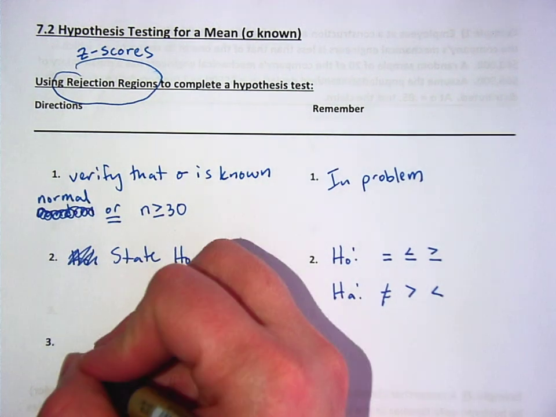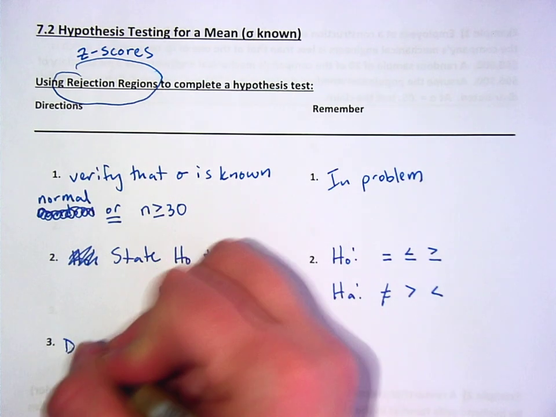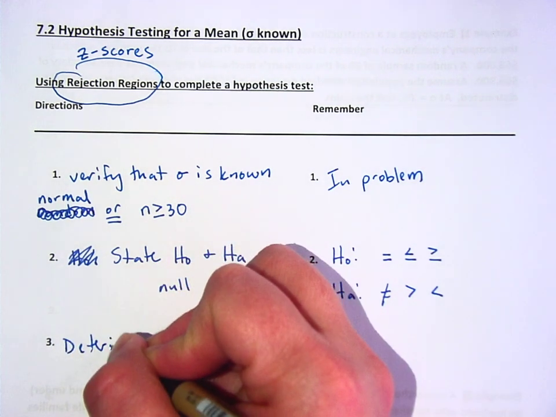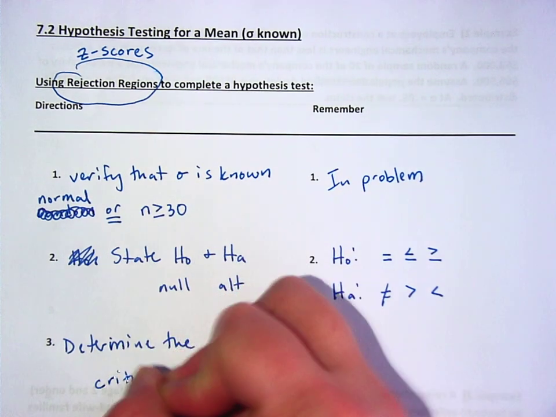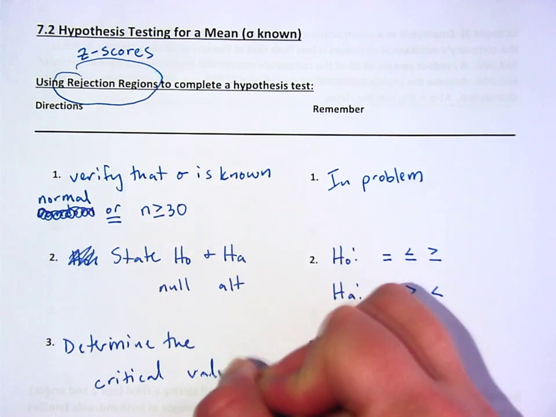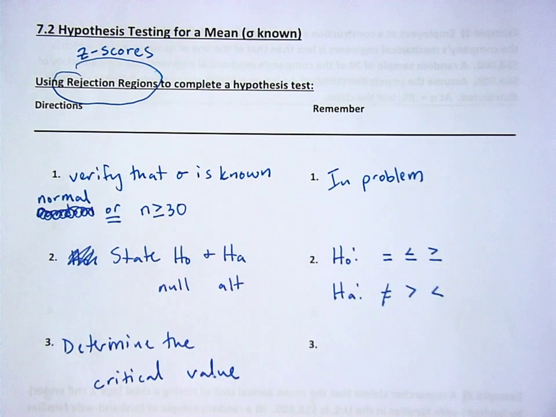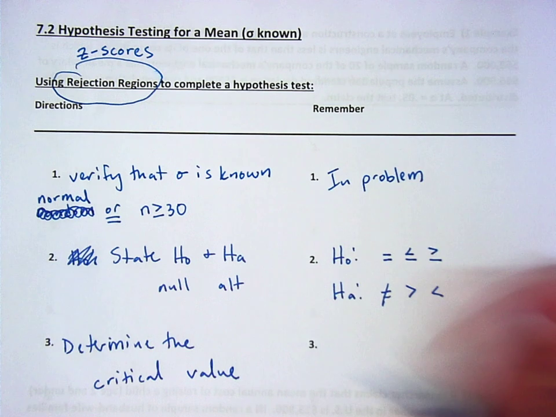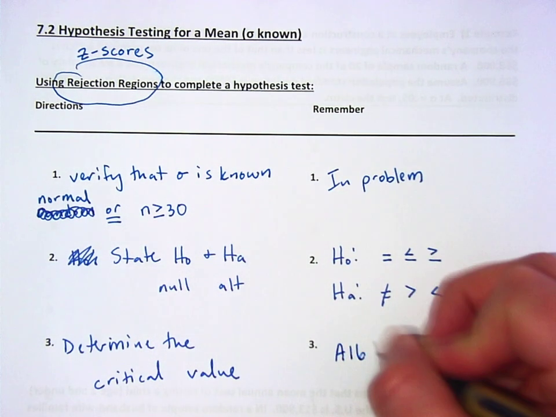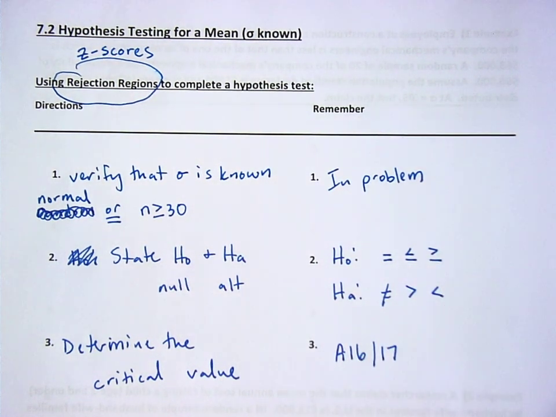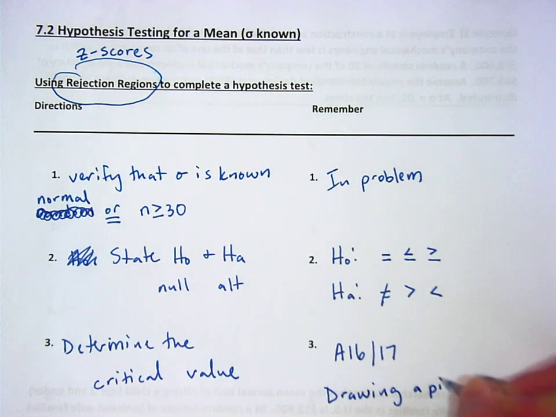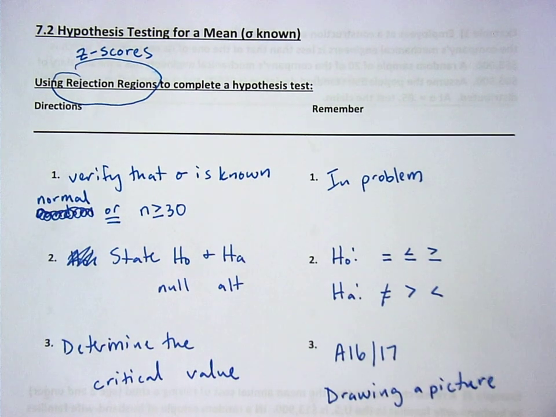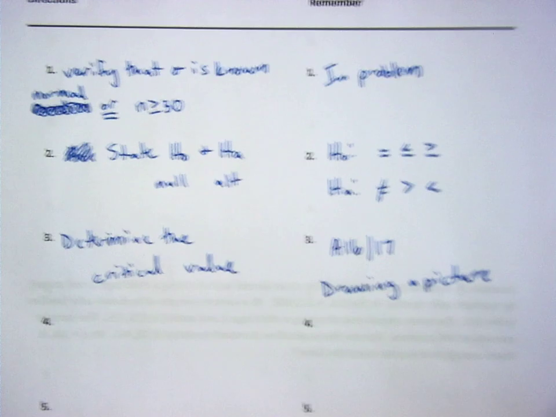Okay, next, you're going to determine the critical value. This is using A16, A17, and drawing a picture. You don't have to draw a picture, but I highly recommend it, at least at the beginning while you're learning.